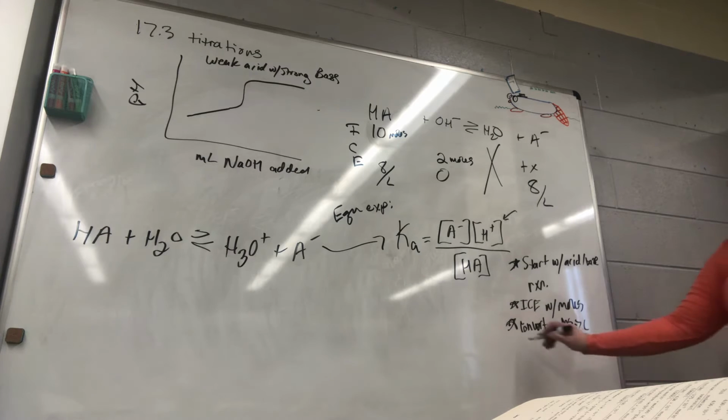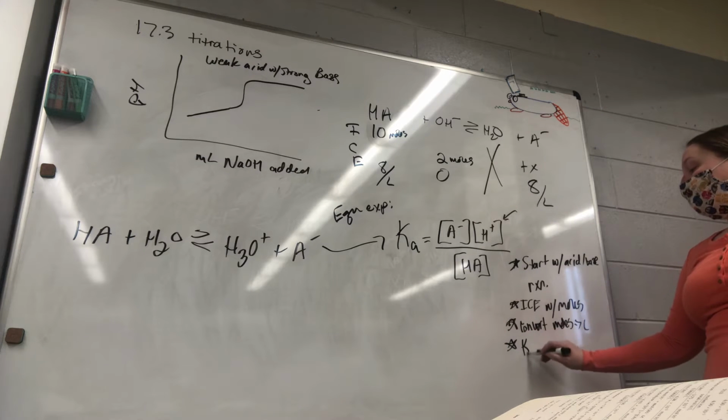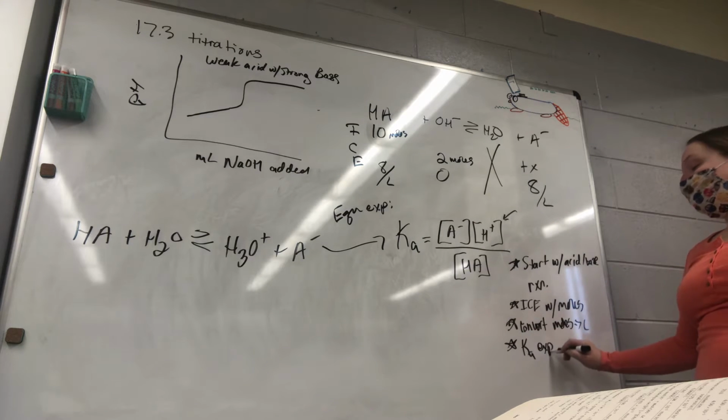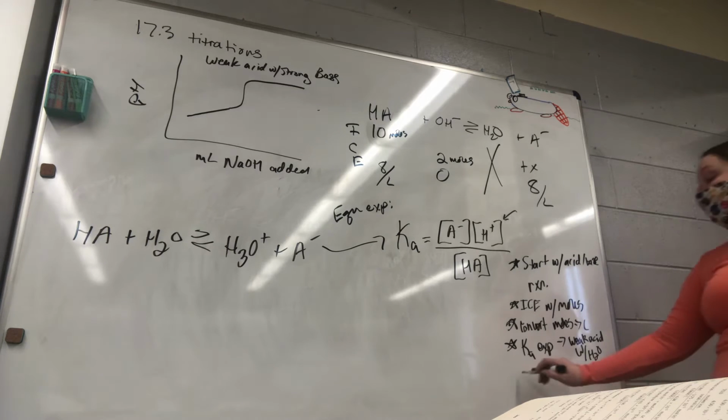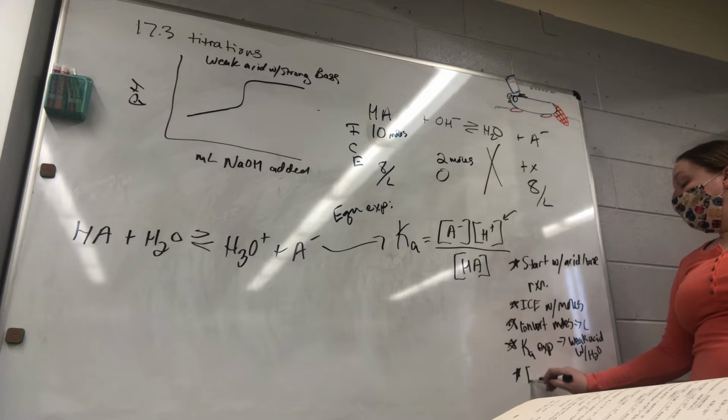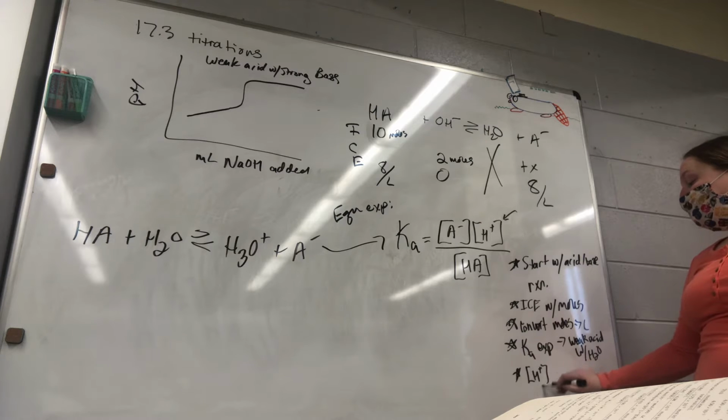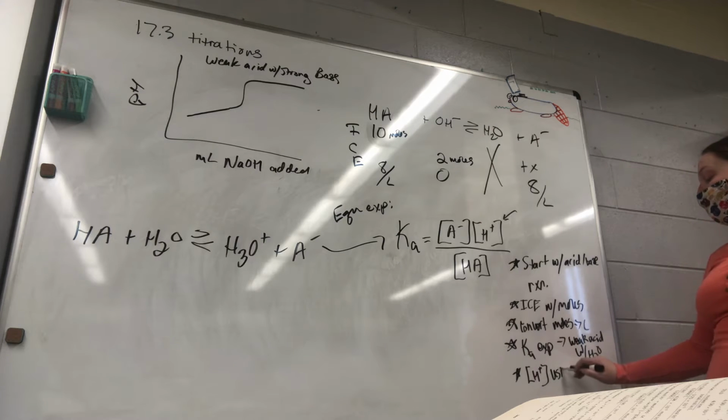Then we have to get a Ka expression. That Ka expression comes from the weak acid with water expression. From there, calculate H plus concentration using Ka.